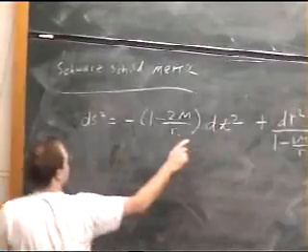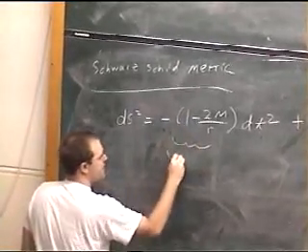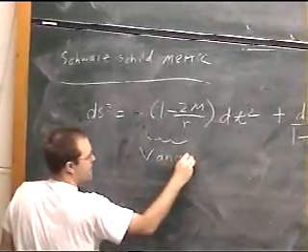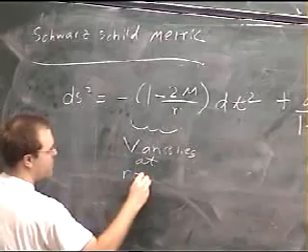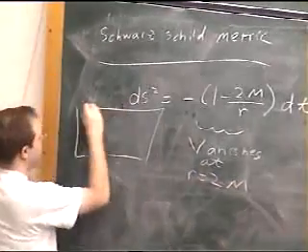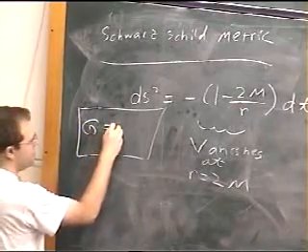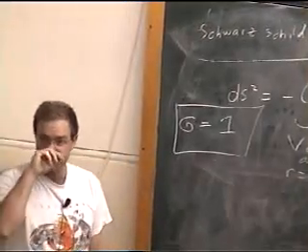So if we look over here at the time-like term, dt squared, there's a 1 minus 2m over r, which, as you can see, vanishes at r equals 2m. Oh, by the way, I should mention that here I have set Newton's gravitational constant equal to 1 to make my life simpler.